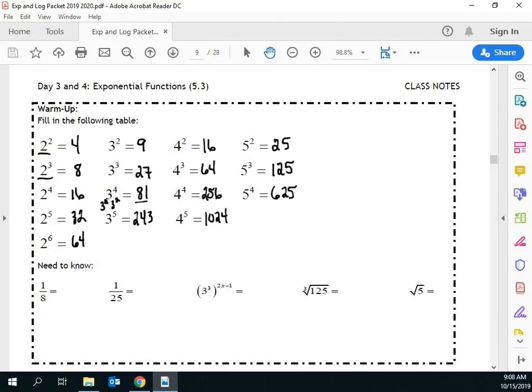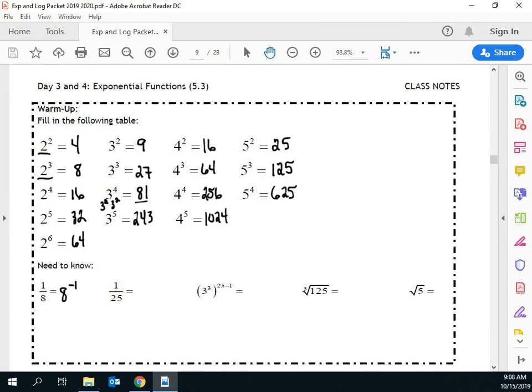So if anything is 1 over, does anybody know what exponent that needs to be? Yes. So 8 to the negative 1. Good. And can we rewrite 8? Is that one of the numbers that we found up here when we were doing writing out our exponents? 2 to the what? 2 to the 3rd. 2 cubed, right?